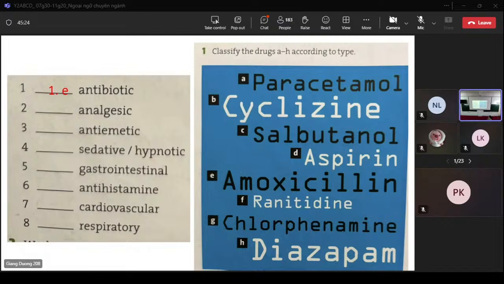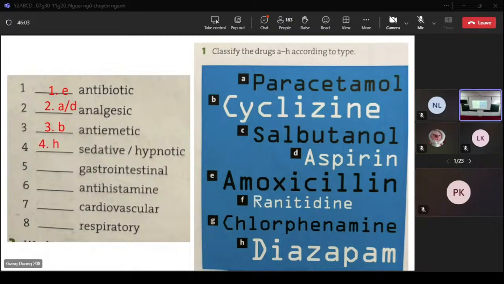Let's do it now together. Number two, connect A. Number 3 connect B. Number 4, arts.